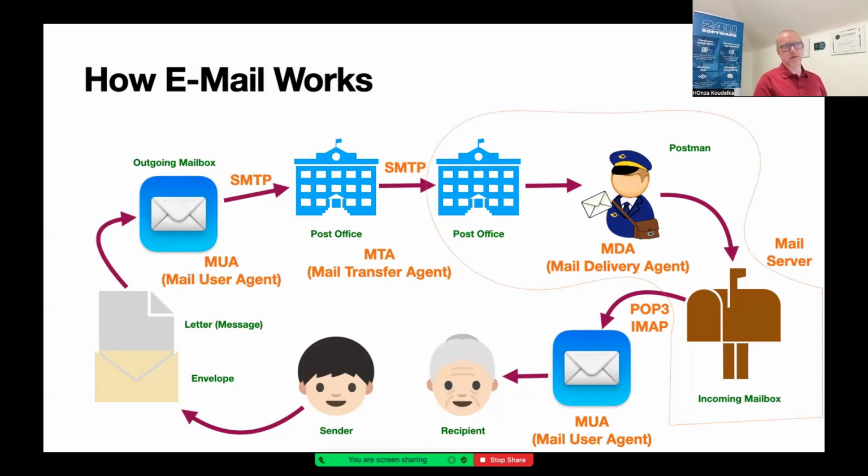And the mail delivery agent is actually a process running on the mail server, which takes the incoming email, finds out which mailbox it belongs to, and puts it in that mailbox. So that's how email works. And that's how it has been working for 27 years or so.